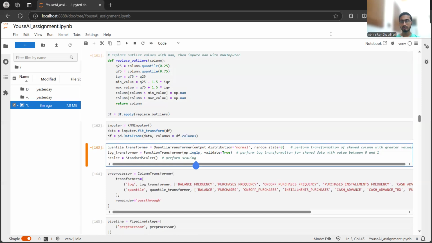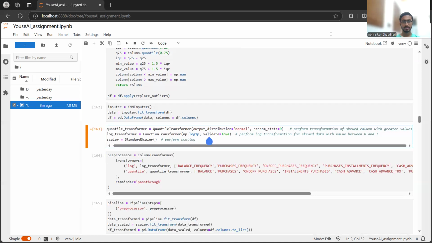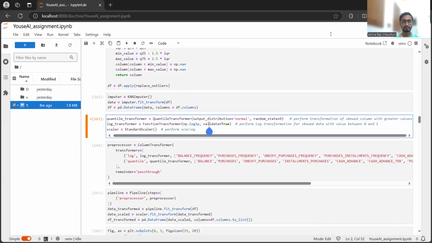For the columns which have larger values, in the hundreds and thousands, we transform those with the quantile transformer. For the columns which have values between 0 and 1, we should use the power transformer. After that, we pass all these into the pipeline.